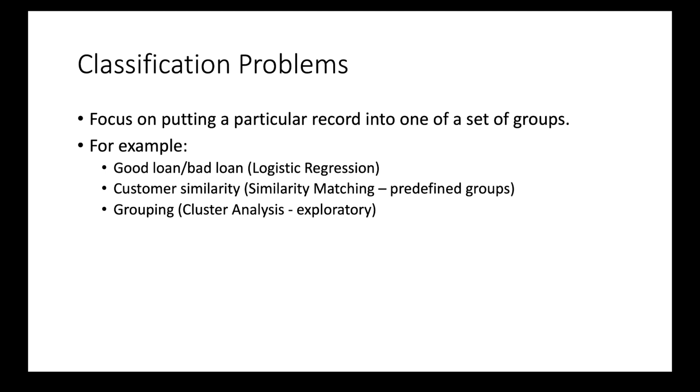A very similar kind of analysis is cluster analysis, where you're kind of exploring your customers and you're saying, what groups do these fall into? We don't really know what groups our customers fall into. And so that kind of analysis, again, is exploratory, and you use a cluster analysis for it. Now, in all those cases, you're putting a particular record into one of a set of groups.